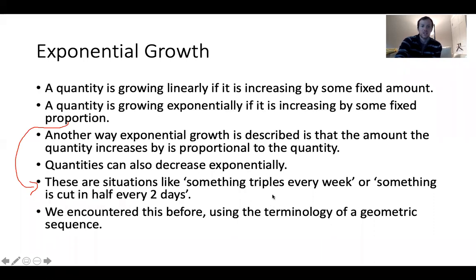So here, you're not told the raw numbers it increases every week or every 2 days, but you're told there's some proportion or multiple that you get going from one week to the next week.